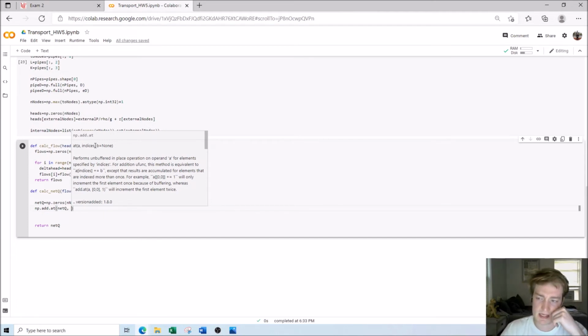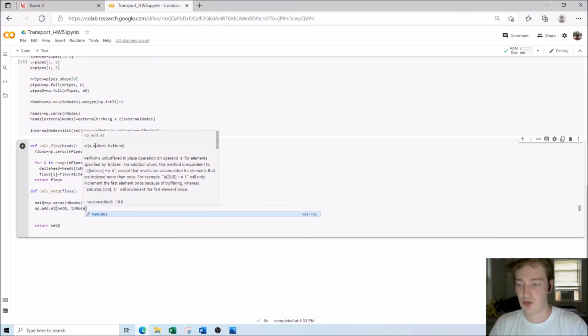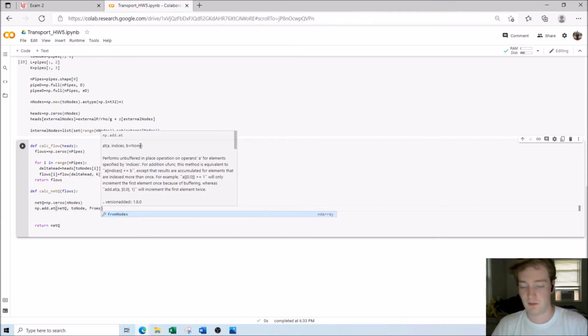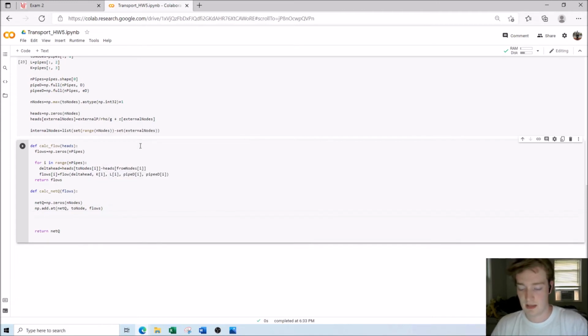The indices are probably, let's try this, 2 node, right? So, does that make sense? Does that make sense? Let's try it anyways. And then, what are we adding? The flows. Flows, right?